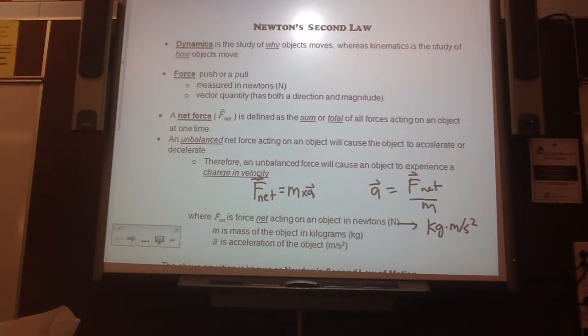If I multiply these together, I get 30.36. My units, I could write as kilogram times meter per second squared.